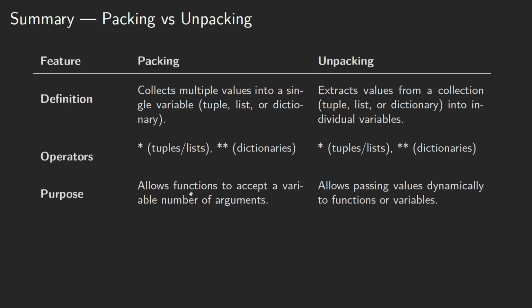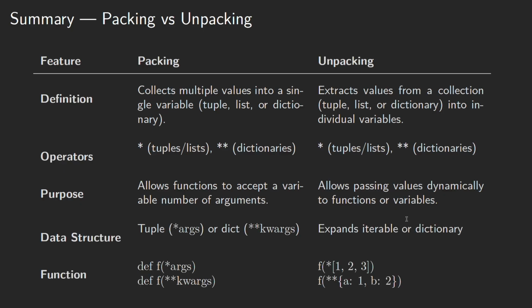The purpose of packing is that it allows functions to accept a variable number of arguments. In comparison, unpacking allows passing values dynamically to functions or variables. When we look at the data structure, for packing it's a tuple for positional arguments, and a dictionary for keyword arguments.